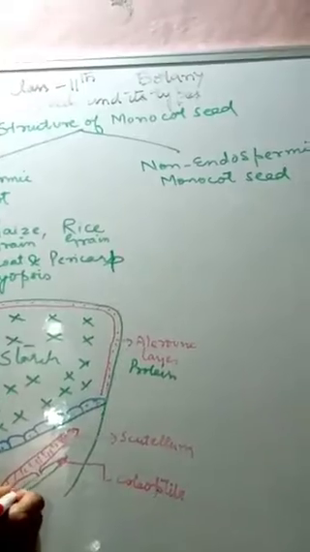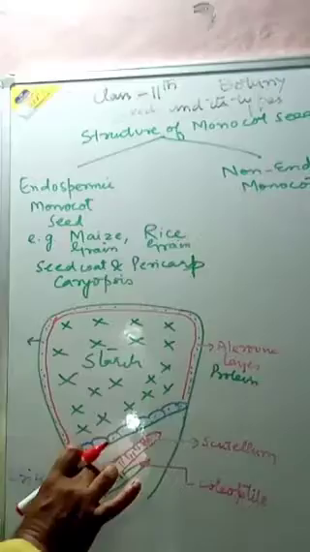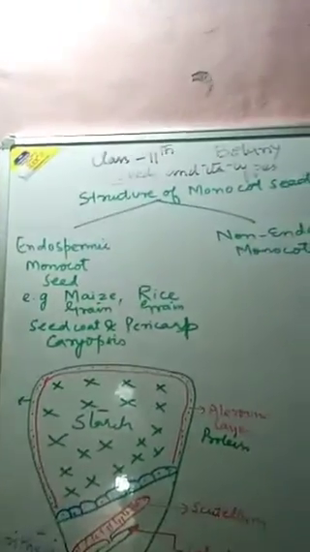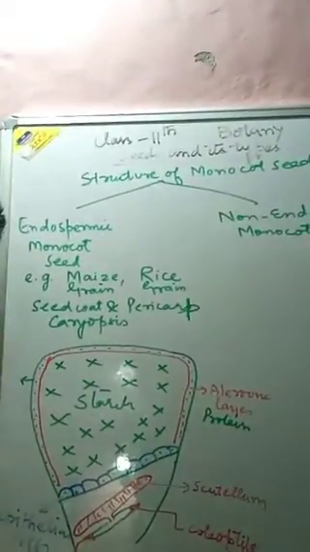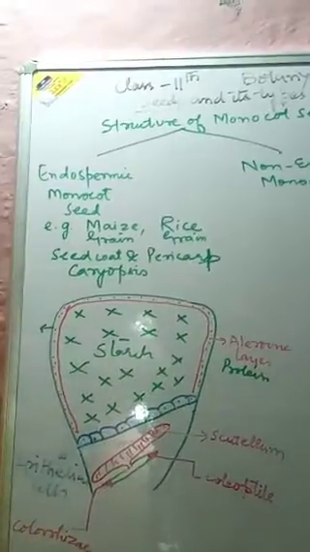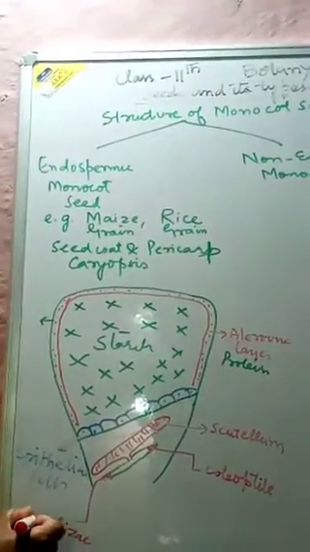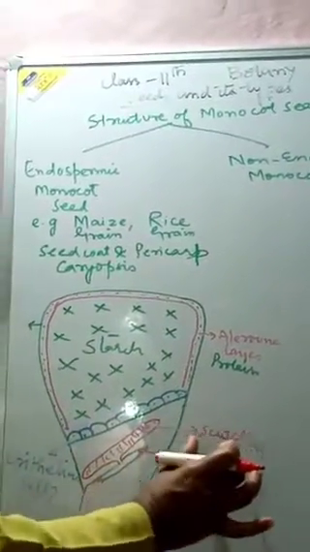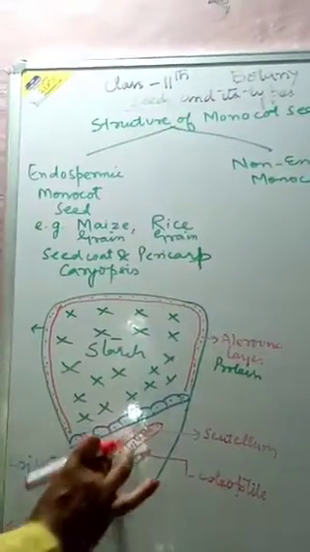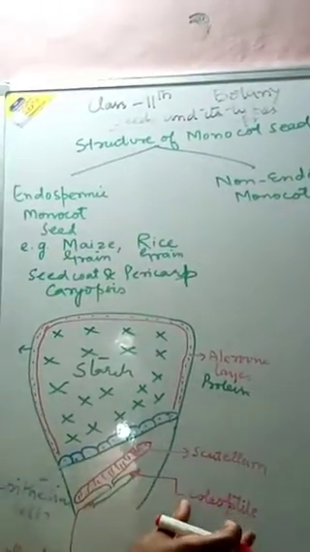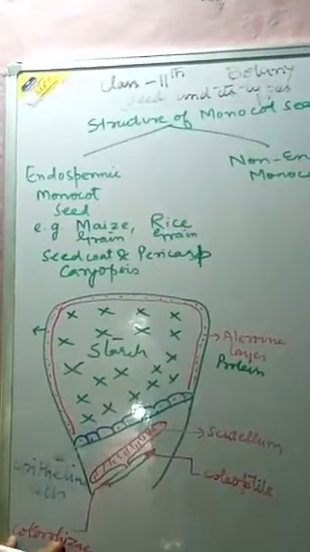And this radicle part, the tip of it is covered by a protective layer which is called the coleorhiza. So here we see three different terms: scutellum in case of the cotyledon, then coleoptile and coleorhiza.